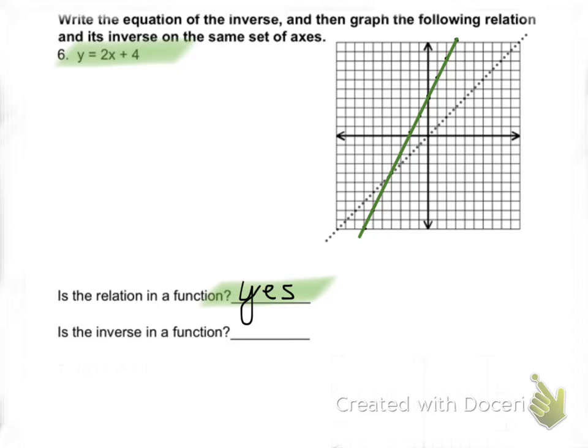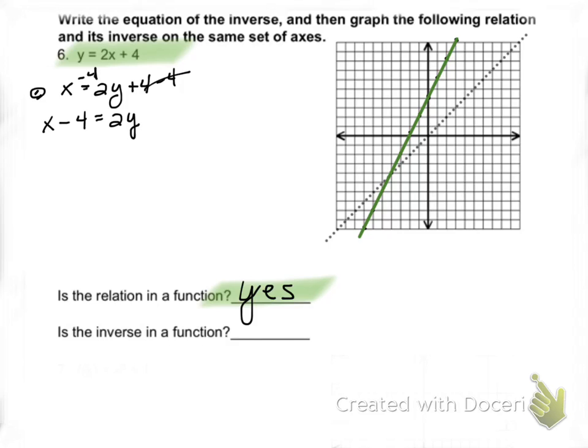Alright, so now let's find our inverse. And again, first step, swap x and y, so that's x equals 2y plus 4. Subtracting 4 from both sides, you end up with x minus 4 equals 2y.